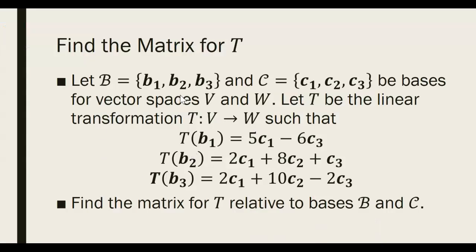Now, obviously, we're not just going to give you an arbitrary basis B and an arbitrary basis C. We're going to give you specific transformations and specific vector spaces. And where this stuff gets really useful is when you're dealing with polynomial vector spaces or non-Rn vector spaces.